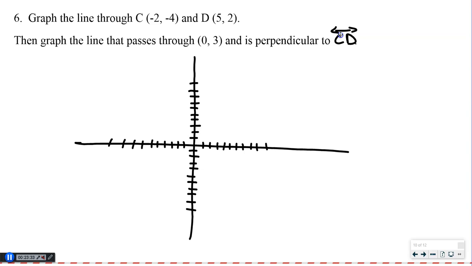We have a point at -2, -4. That's point C. And a point at 5, 2. That's point D. That's our first line.